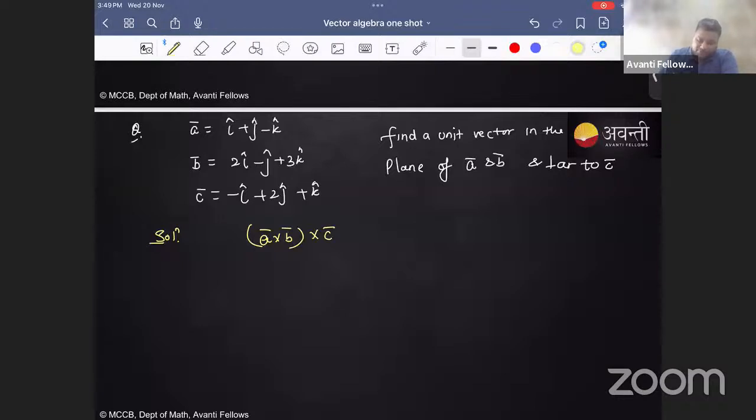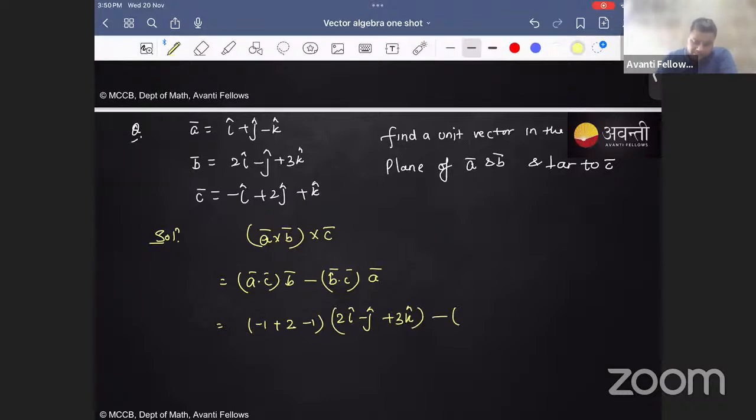And this is what? A dot C times vector B minus B dot C times vector A. Now A dot C goes what? Minus 1 plus 2 minus 1. Vector B is 2I cap minus J cap plus 3K cap. Minus B dot C, and B dot C is what?